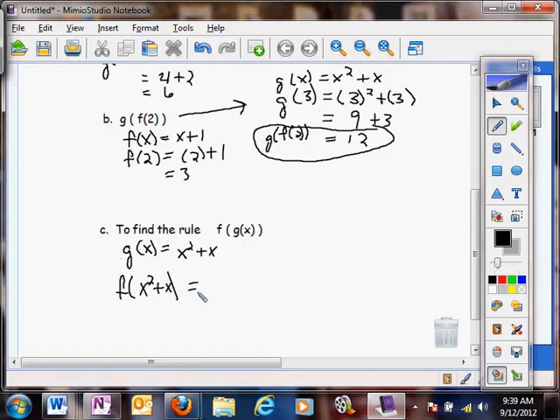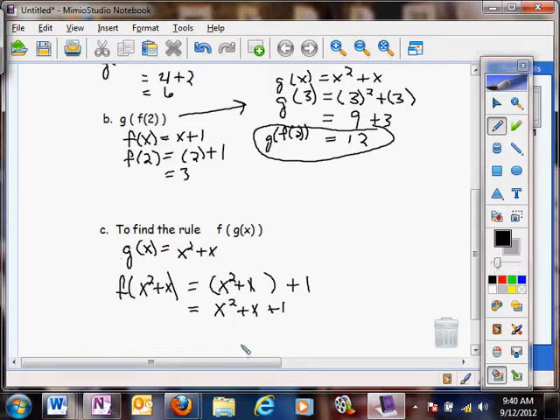So I rewrite f of x, which is x plus 1, and put into the parentheses what's in over here, x squared plus x, then plus 1. Simplify: I get x squared plus x plus 1.